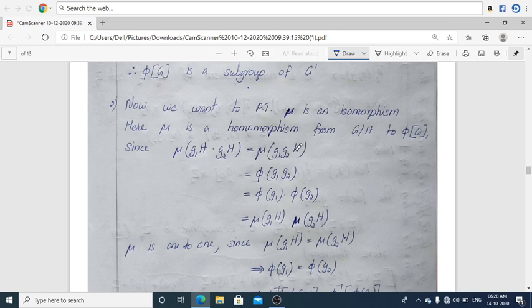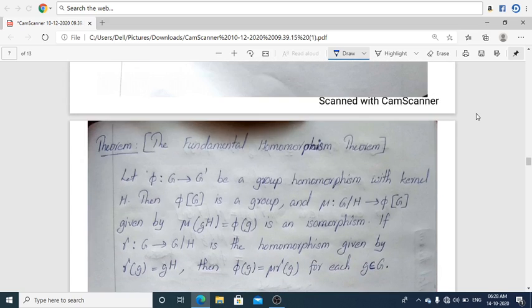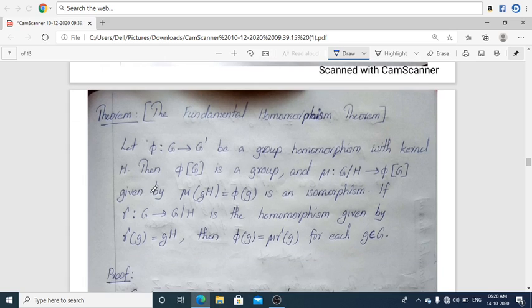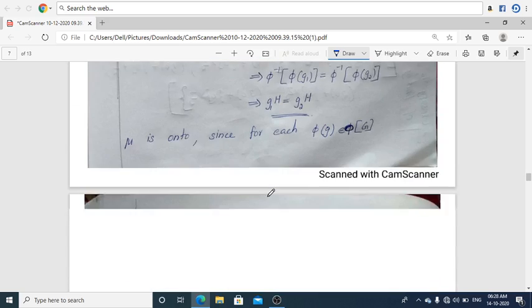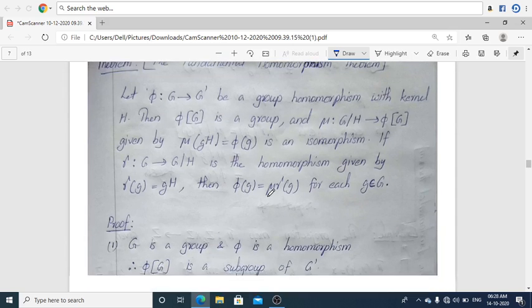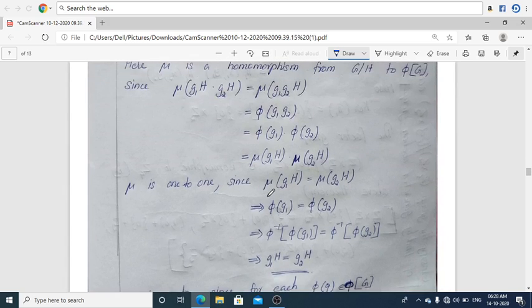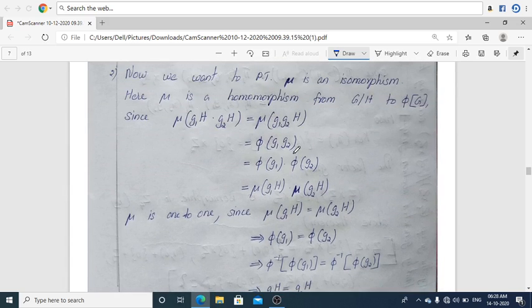That is equal to phi of G1 G2, കാരണം mu ഡിഫൈൻ ചെയ്തിരിക്കുന്നത് mu of GH is equal to phi of G എന്നാണ്. So ഇവിടെ mu of G1H G2H is equal to phi of G1 G2 എന്ന് കിട്ടും.